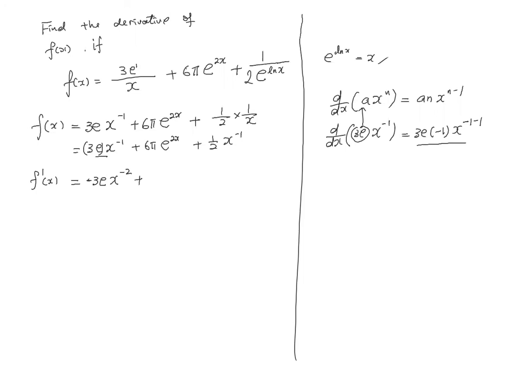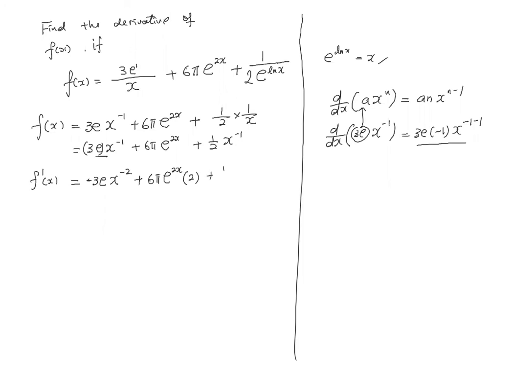Shireen, the next one? 6 pi e to the power of 2x, then multiply 2. Yes, you are right. Then this one do the same.